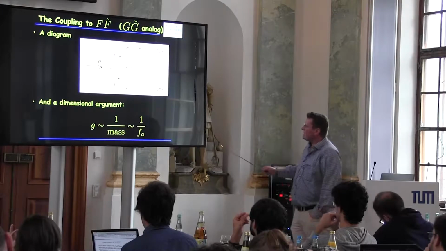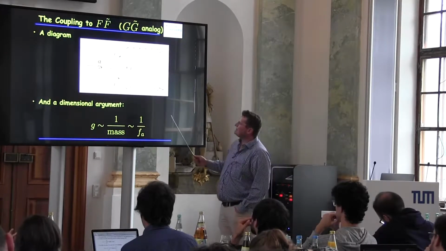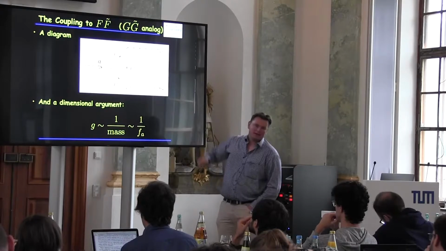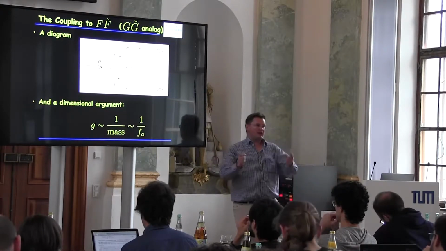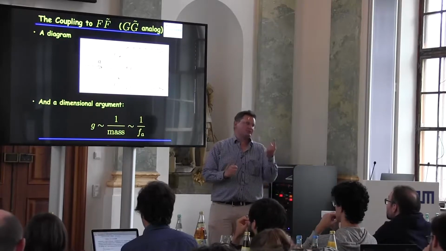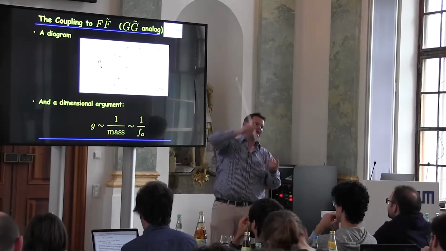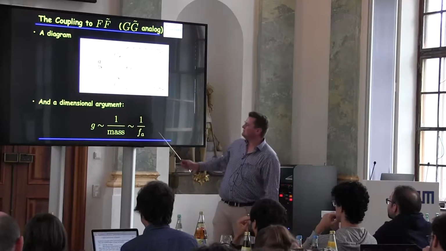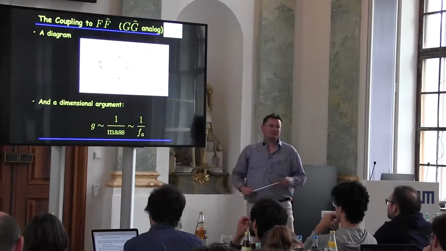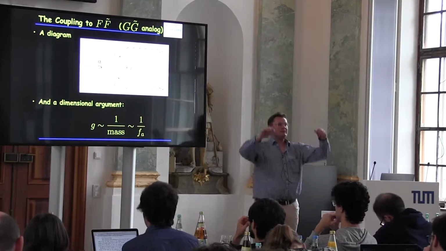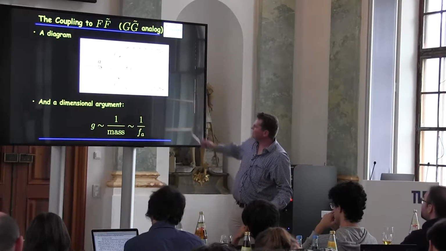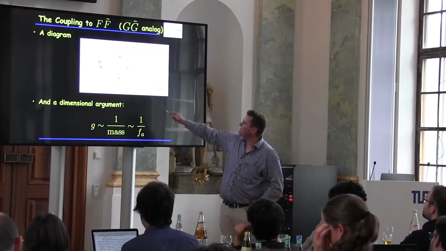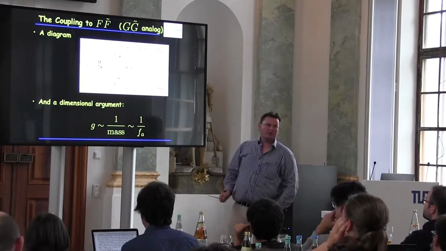You can also give the size of this coupling, because it's a coupling of a scalar field to FF dual. FF dual already has dimension 4. With your scalar field on top, you have dimension 5. So your coupling constant must be dimensionful. It must be 1 over a mass scale. If you look at this diagram, there's only one mass scale in the game, which is the mass of the fermions.